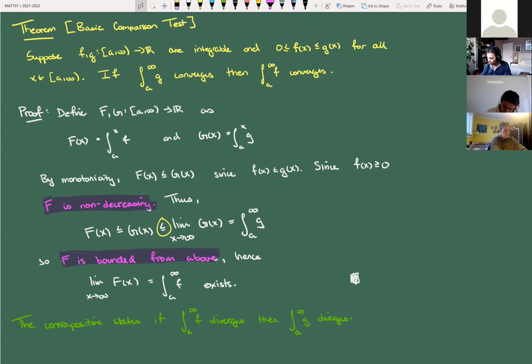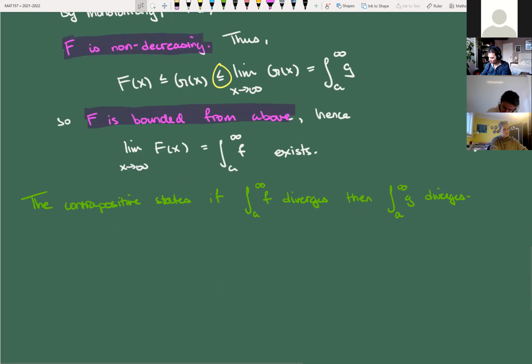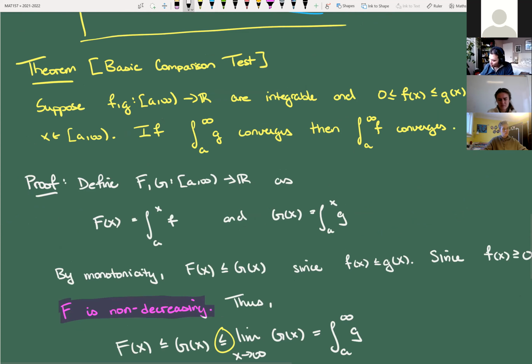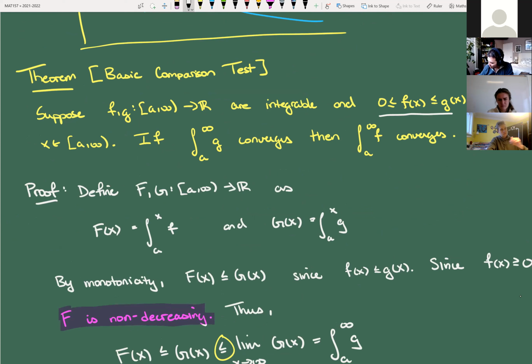So you can use it for both. And I think most statements of the basic comparison test state both, but of course we know what contrapositives are, so we can make our lives a little bit easier just by stating it like this. Yeah, exactly. So hypotheses still have to be true. Namely, this is kind of the crux condition right here, right?